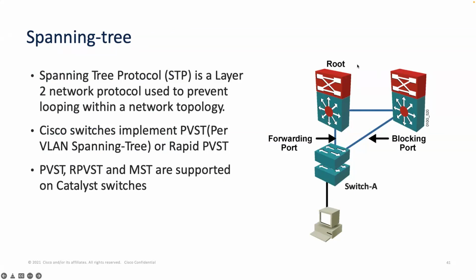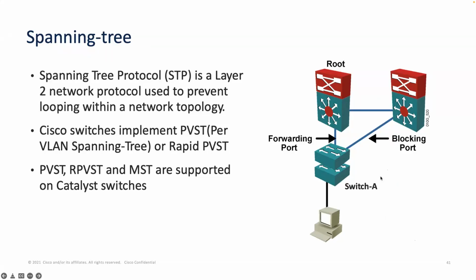As you can see from the picture, there are two paths between switch A and the root switch. The problem with the redundant link is that it creates a loop between switches. If a loop exists between two switches, they do not work properly. So after a series of calculations, spanning tree decides to block one of the uplinks of switch A to make the network stable. That's the basic idea of spanning tree.